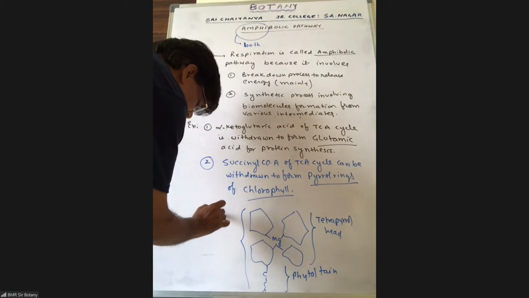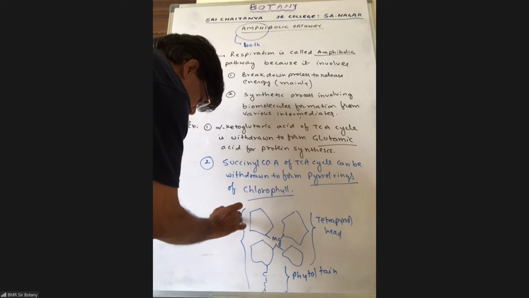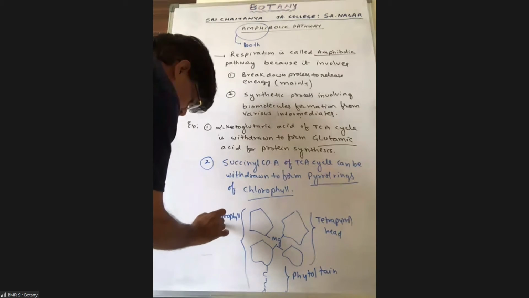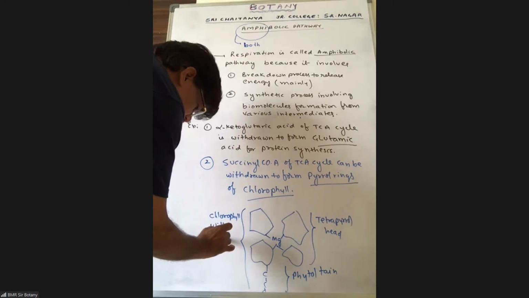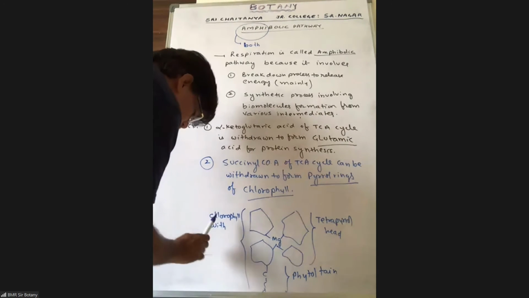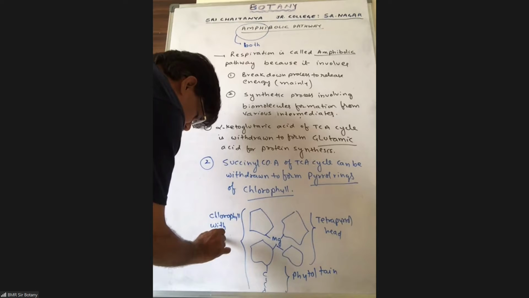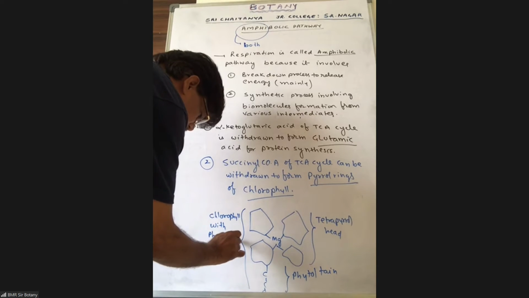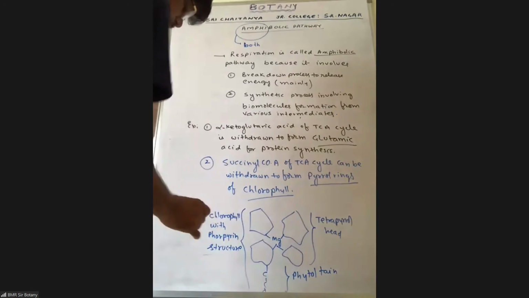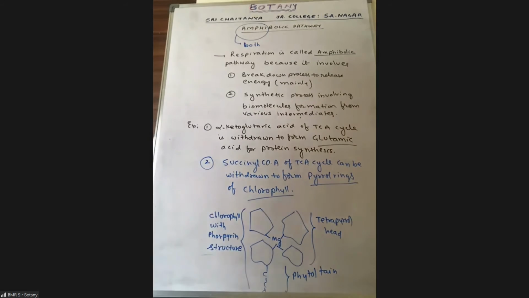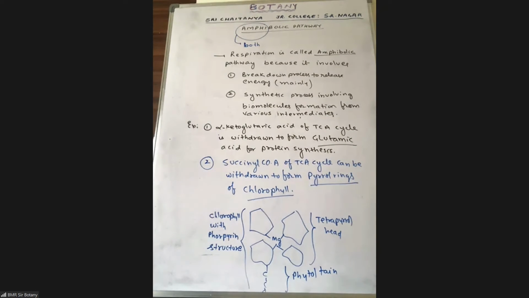This is chlorophyll exhibiting porphyrin structure. Four pyrrole rings form the head part, then the phytol tail, a chain of carbons and hydrogens.